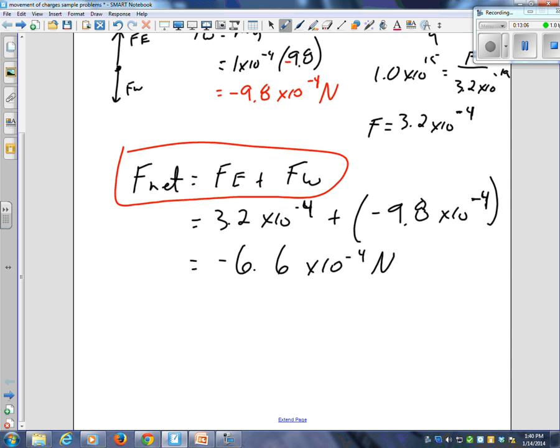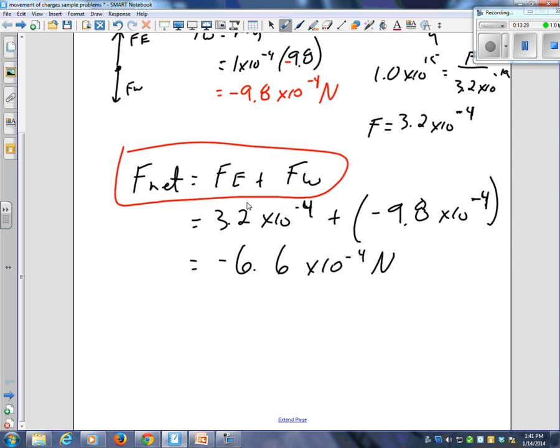In fact, you can come up with F net equals formulas for just about any situation. You just take all the forces and add them together. That's all it really means. So it's not new in that sense, but it's new in that you've never seen it in that particular configuration. Great question.